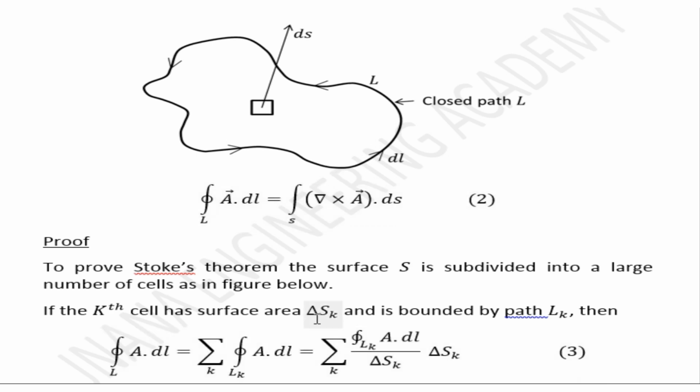Now if the kth cell has surface area delta sk and is bounded by a path lk, then we can write the closed integral of A dot dl as the summation over k of the integral of A dot dl. That is, we have k number of cells, so this closed integral will be equal to the summation over each cell, which can be further written as the summation over k of the integral over lk of A dot dl by delta sk, into delta sk.